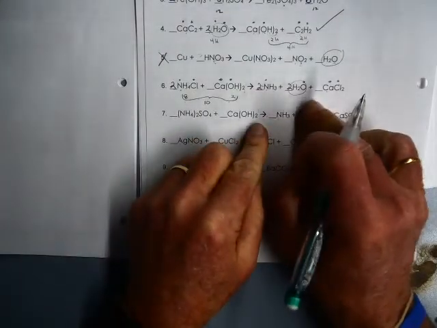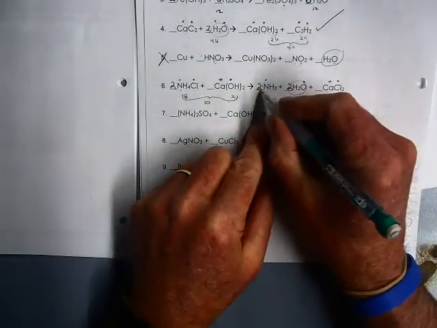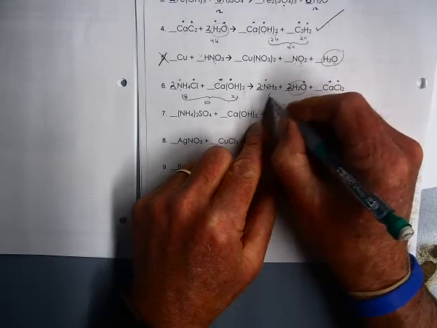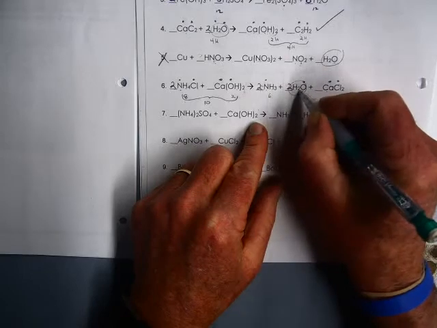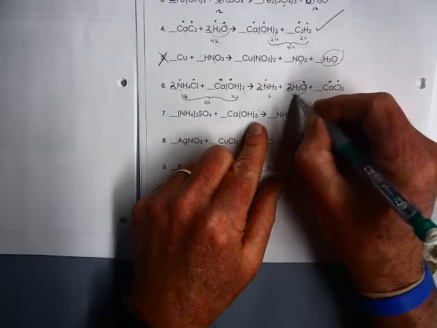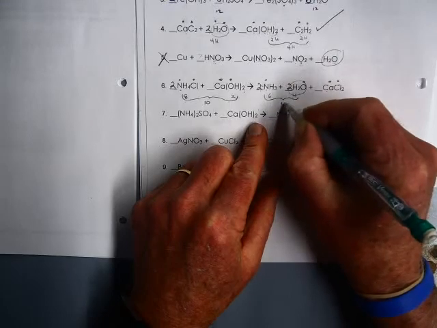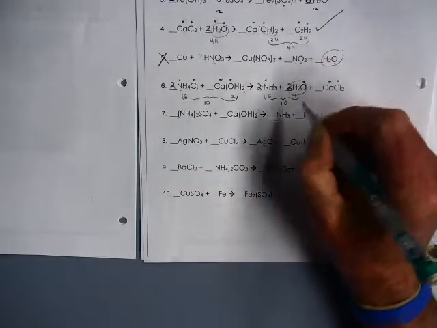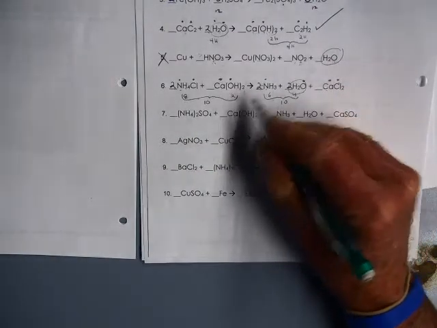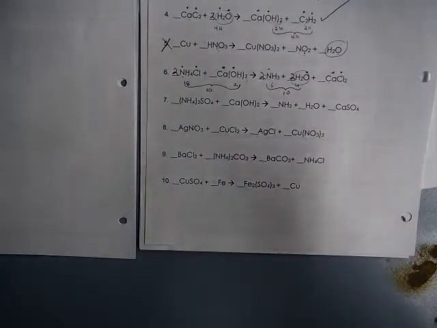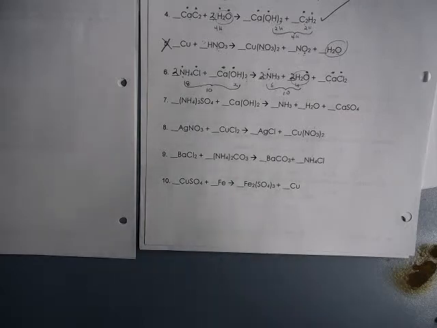What about this side? Well, I've got 2 times 3 is 6 hydrogens there. I've got 2 times 2 is 4 hydrogens there, for a grand total of 10 hydrogens total. Guess what? It balances. Do you see how it follows that if I go after the oxygens, the hydrogens just follow along?